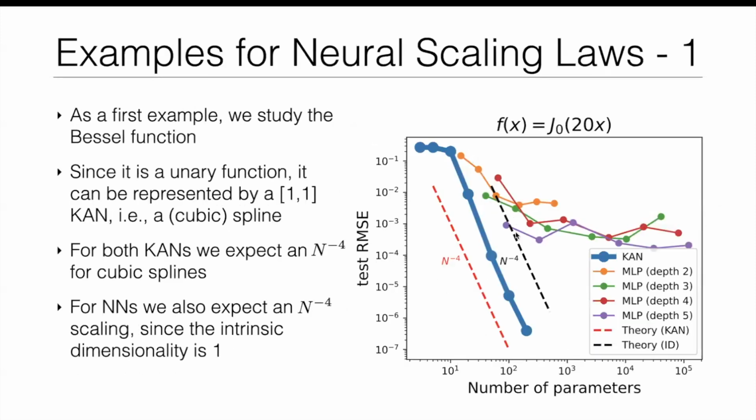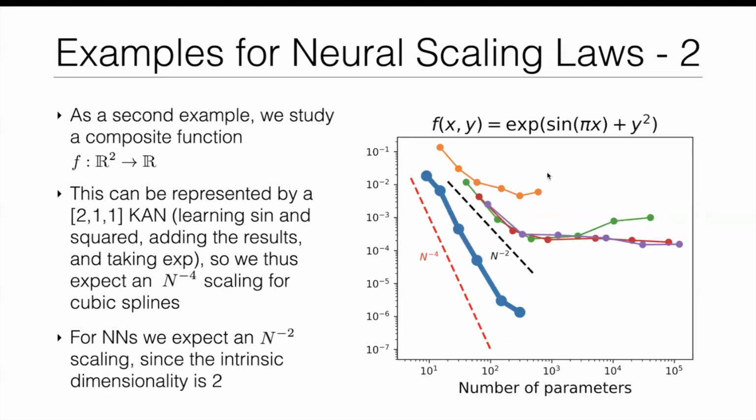If I look at MLPs for different depths, 2, 3, 4, 5, I see that initially they follow this, but then they tend to flatten out with the number of parameters. Whereas for the KAN, I'm seeing this theoretically predicted n to the minus 4 loss over large distances in the number of parameter space. So now my loss is already much smaller than what we achieved with an MLP.